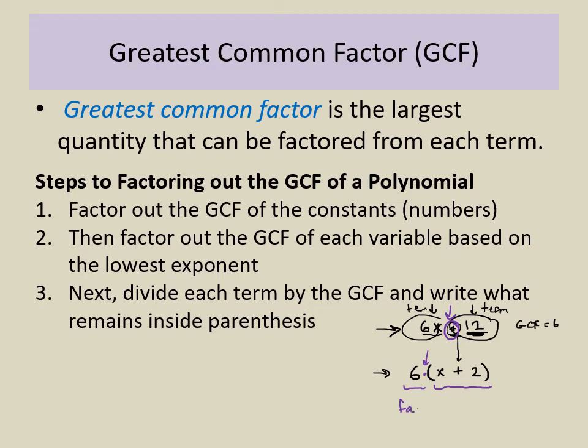So now we have factors. One factor is 6. The other factor is the whole quantity x plus 2. And that is the whole idea of factoring from here to here. We have turned the addition and subtraction into multiplication.